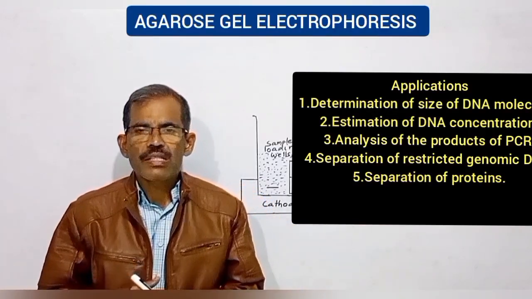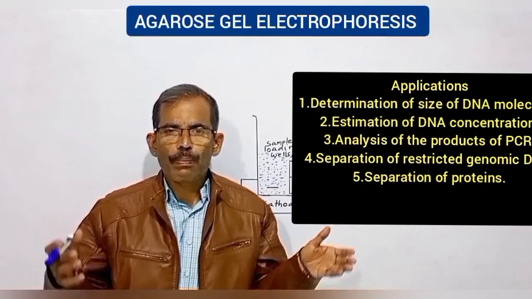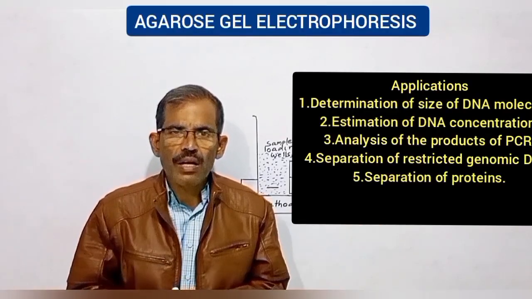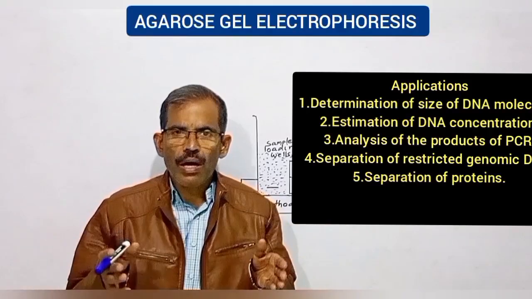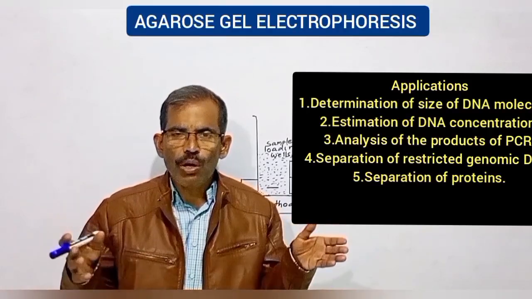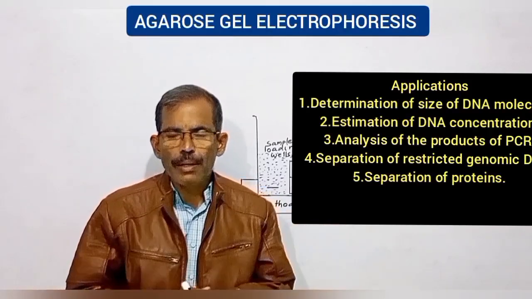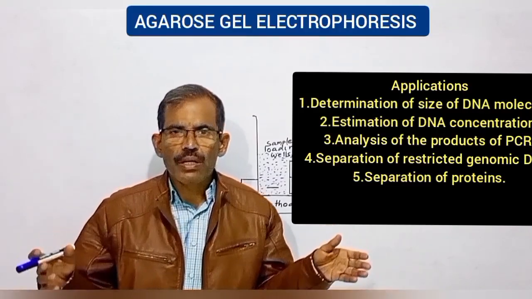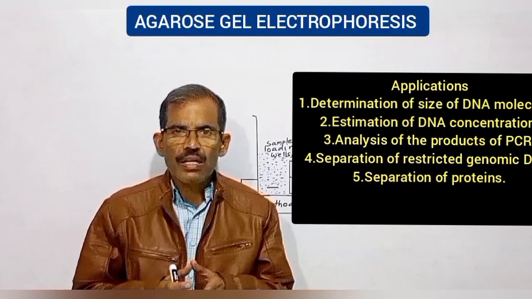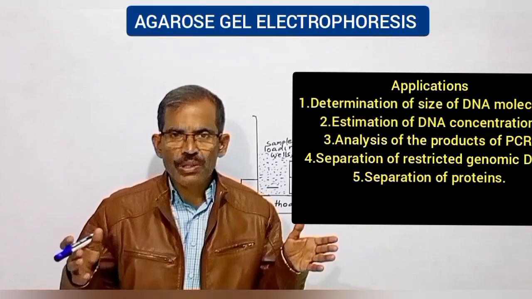Third one is the analysis of the products of polymerase chain reaction, for example, in case of molecular genetic diagnosis or genetic fingerprinting. Fourth one is the separation of DNA fragments for extraction and purification.